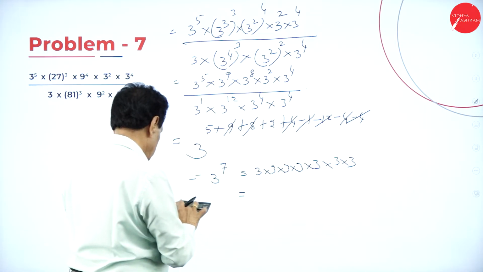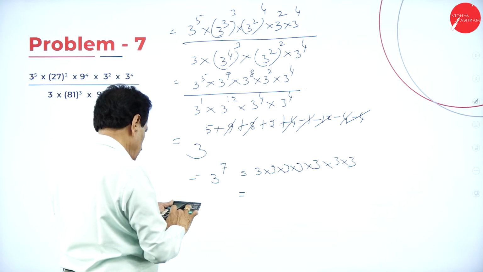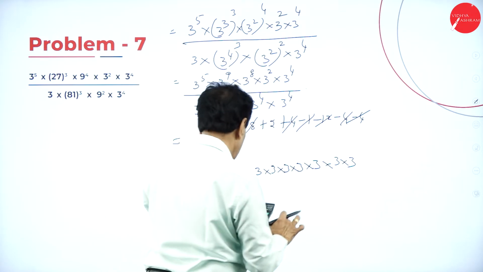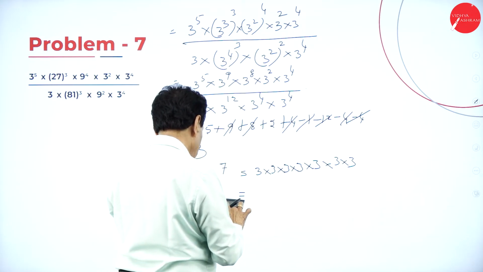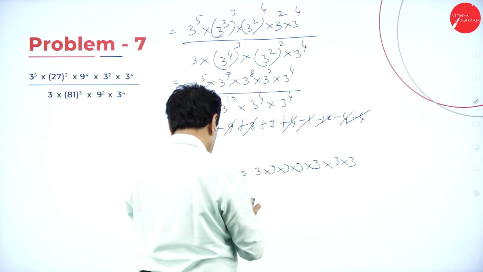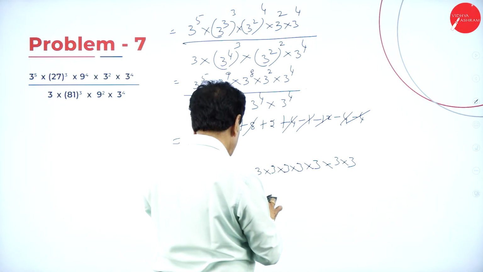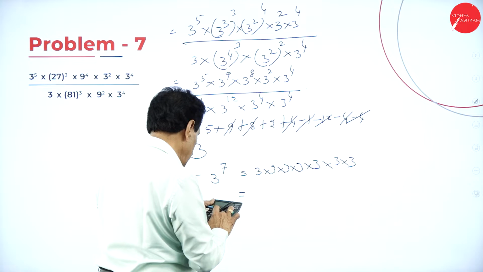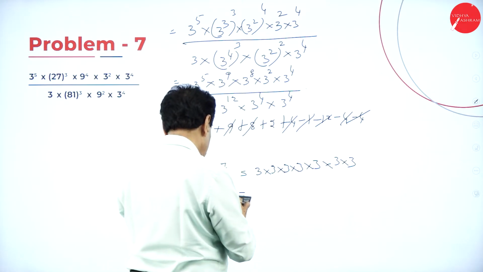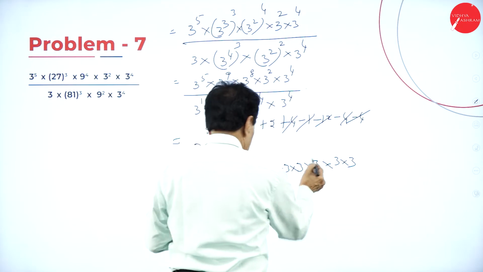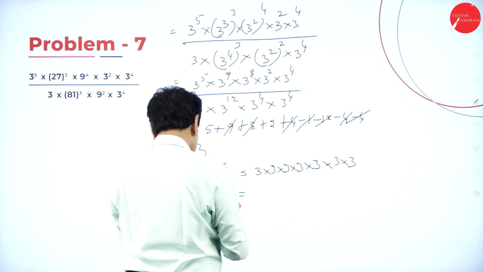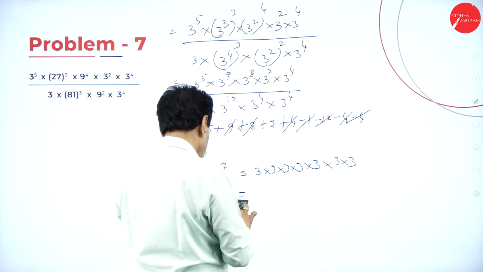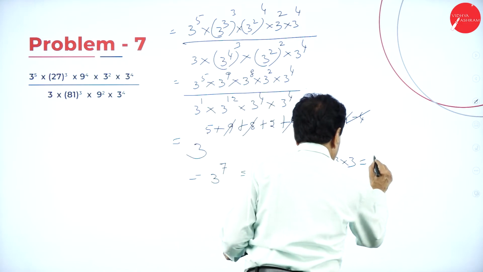This is 3 into 3, 9. 9 into 3, 27. 27 into 3. 3 into 3, 9. 9 into 3, 27. 27 into 3, 81. 81 into 3, 243. 243 into 3, 729. 729 into 3, 2187.